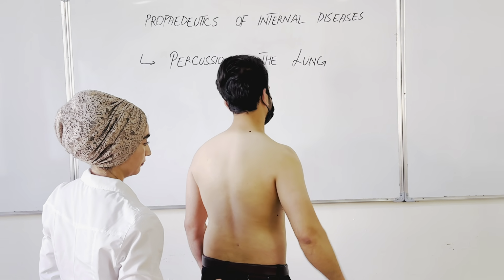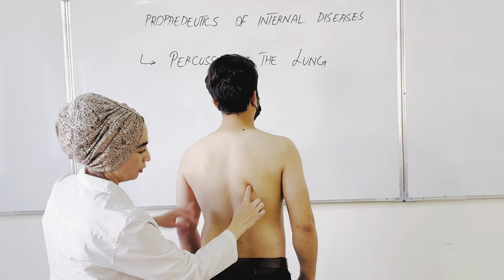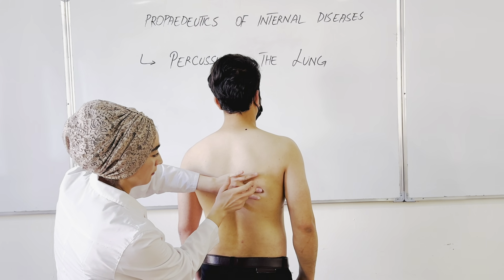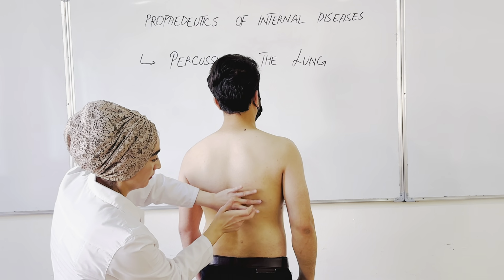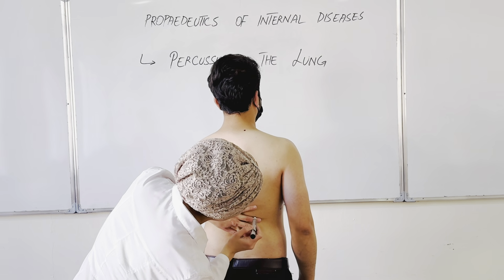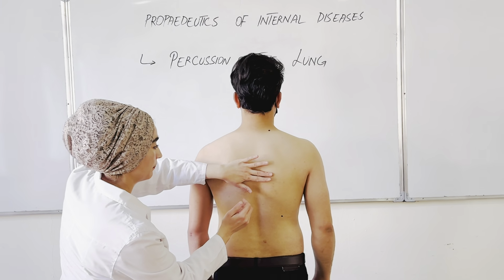Scapular region, down. How do we find the scapular line? The lower angle of the scapula begins the scapular line. We move downward. Here it makes dull sound, 10th rib. Then the paravertebral line.